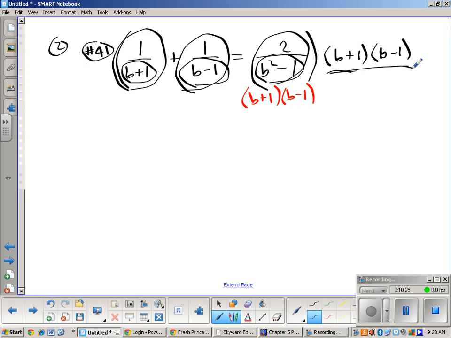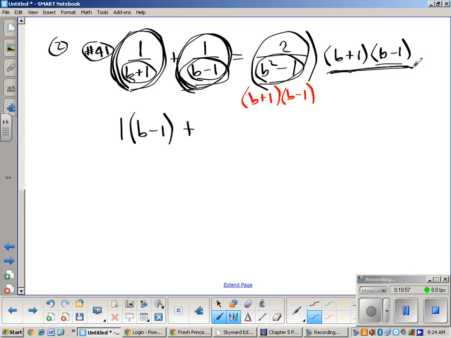Okay? What happens when I multiply this first term by all of that? What happens to my b plus 1? It cancels. So I'm left with 1 times b minus 1, plus, when I go to the second term, what happens to this b minus 1 when I multiply it by that?